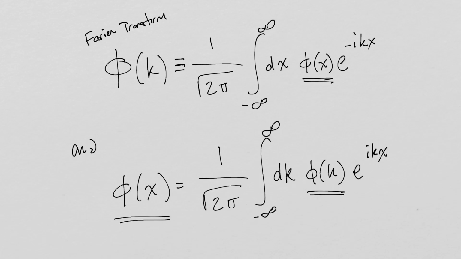But if you ever get confused, especially because there's a lot of conventions in here, right? Where do the 2 pi's go, right? What is it, k or is it omega? There's all sorts of conventions that go into defining what's the Fourier transform and what's the inverse Fourier transform. I'm pretty much going to stick to this convention in class where I have the square root of 2 pi on both integrals in the denominator.